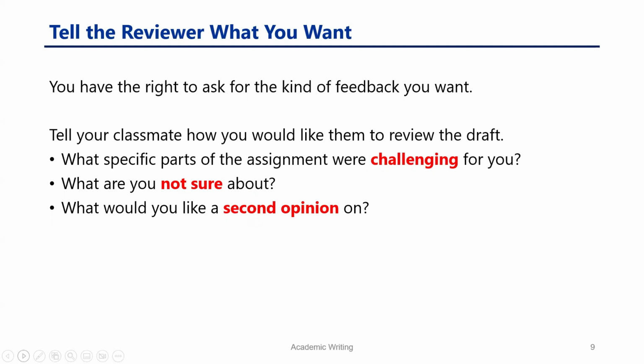You could tell them what you're not sure about and ask them for ideas. Or in general, you could ask them for a second opinion on some part of the paper that you'd like to know how another person saw it. All this information you'll write down in soft copy instructions for your classmate.